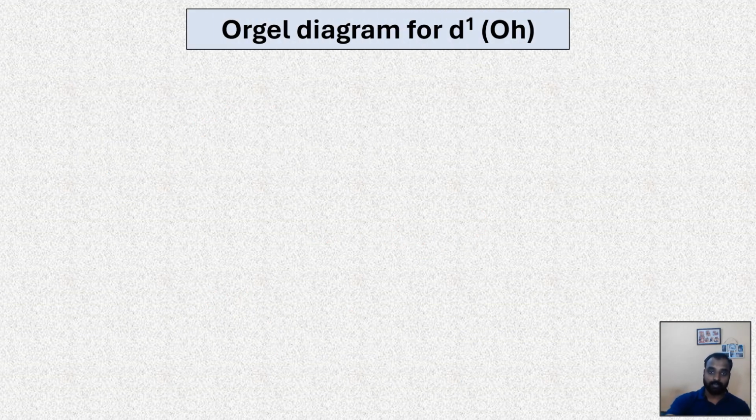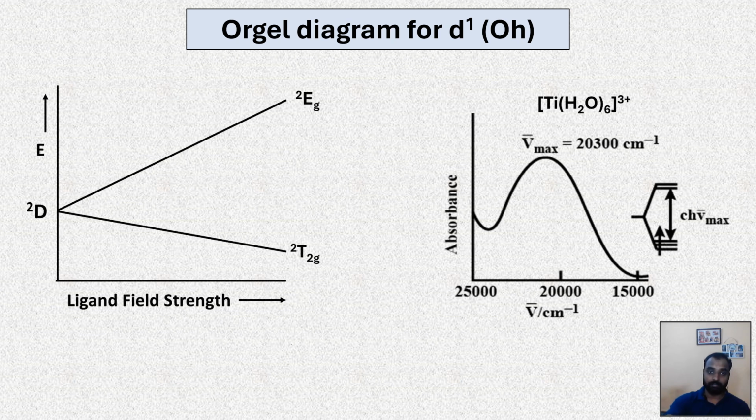The first diagram is for the d1 octahedral complex. The typical example is the titanium complex, that is the hexaaqua titanium 3 plus complex, titanium 3 plus state. It is in d1 electronic configuration.